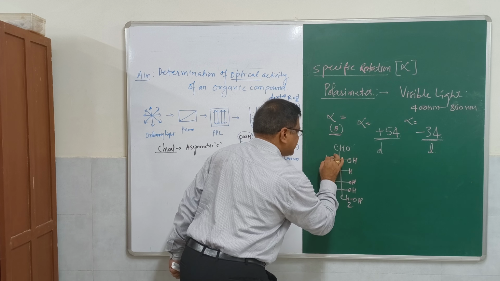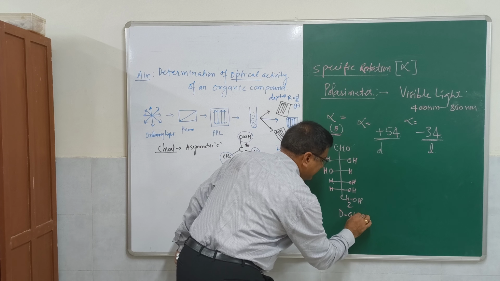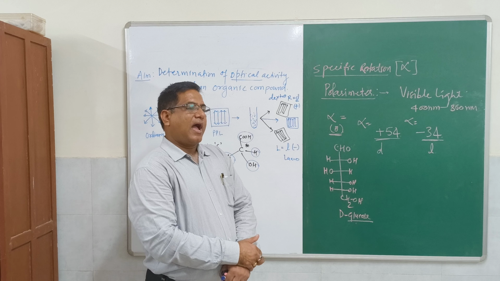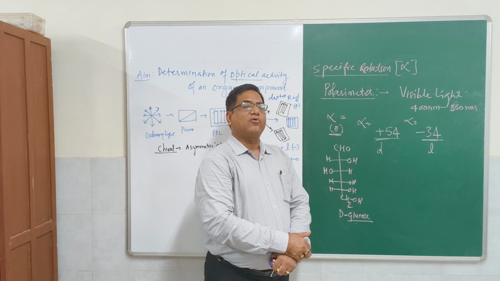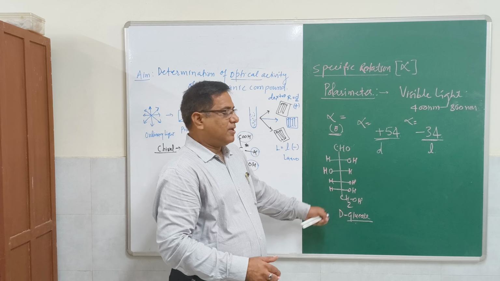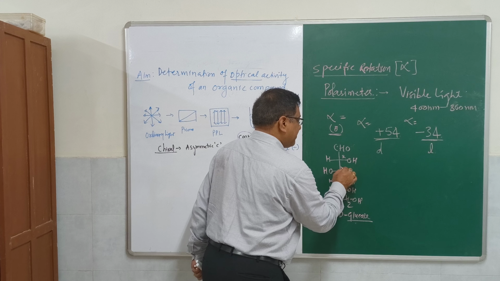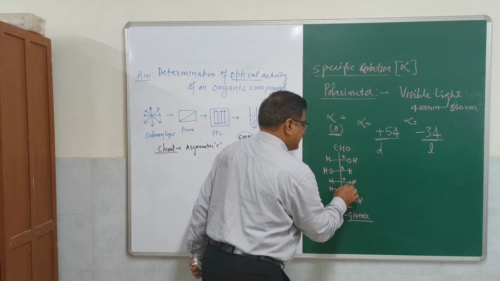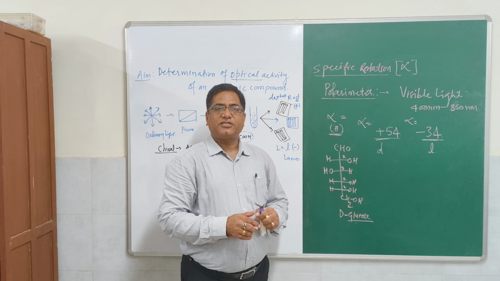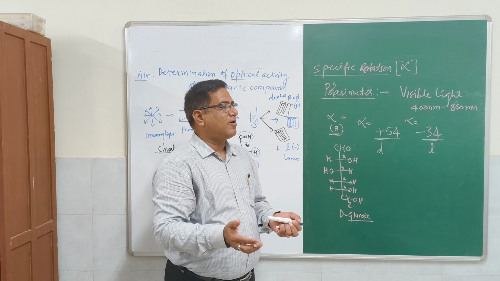So this is D-glucose. We will give you D-glucose today, and you can use it to measure the angle of rotation and then calculate the specific rotation. It is an optically active compound because 4 chiral carbon atoms are present. Fructose is also an optically active compound.